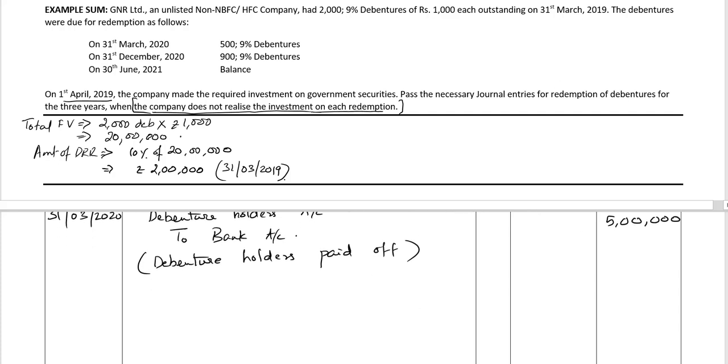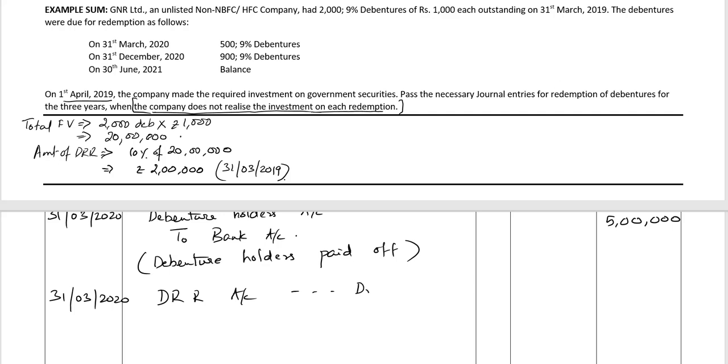So on that same date, 31/03/2020, DRR account debit to general reserve account. Proportionate amount to be transferred 10% of the face value of debentures redeemed, which is rupees 5 lakh, comes up to 50,000 rupees.